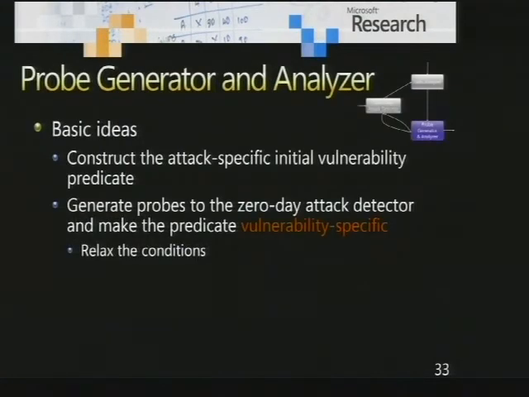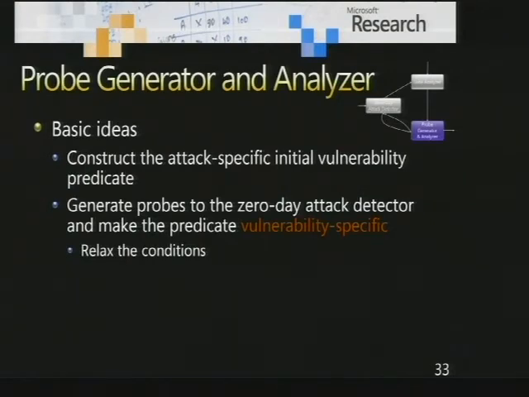The basic idea for the probe generator and analyzer is that first we construct the so-called attack-specific initial vulnerability predicate. Put another way, we just use the original attack instance as a signature. The problem with that is it is too specific. Any small change won't be detected by that signature.